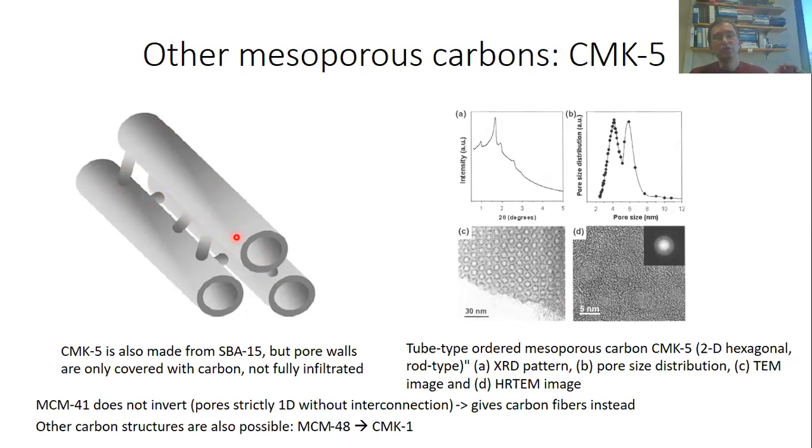So when you choose your reaction conditions so that you do not fill your SBA-15 pores completely with carbon, but you actually only add a layer of carbon on the pore surfaces, leaving hollow tubes, then after the template removal, you get a material with a bimodal pore system, which is called the CMK-5.